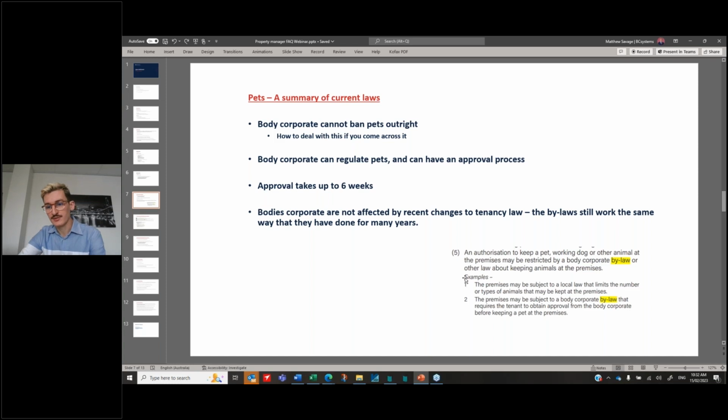So that just sends every application back to the body corporate for approval. Unless the body corporate has a bylaw that says you can just have pets without asking for approval, those ones are really streamlined and efficient, but most of them don't have that bylaw. Most of them do require approval.